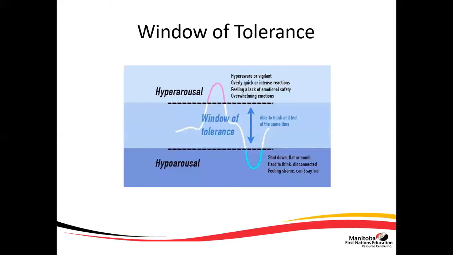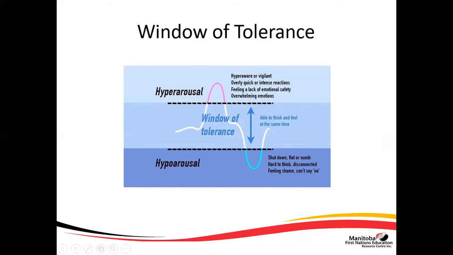So everyone has what we call a window of tolerance. That's what's in the middle there. This is your window of tolerance. And the important thing to note here is that as soon as you go out of your window of tolerance, so either you're hyper aroused or hypo aroused, we lose our ability to use cognition or our higher level thinking skills.